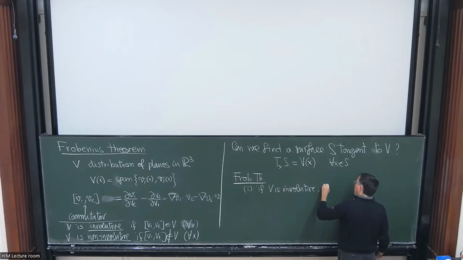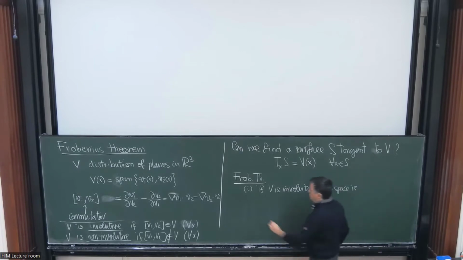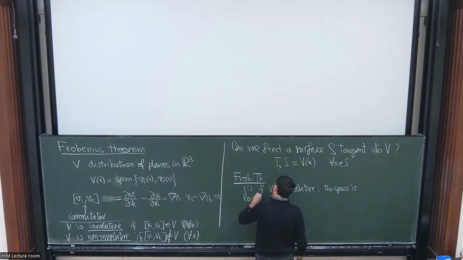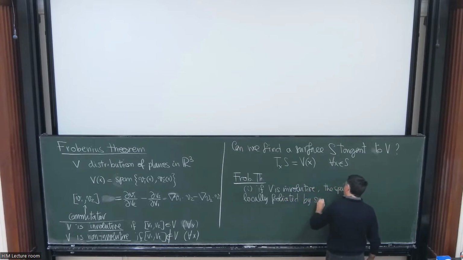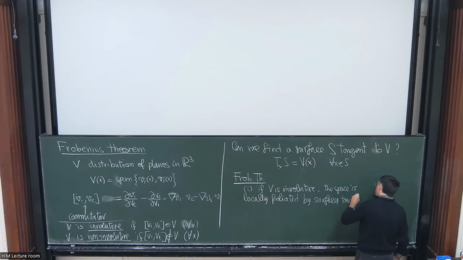So the space is locally foliated by surfaces tangent to V. And more precisely, the foliation is a very good one, meaning that they are the level surfaces of a function of class C, whatever regularity you need.